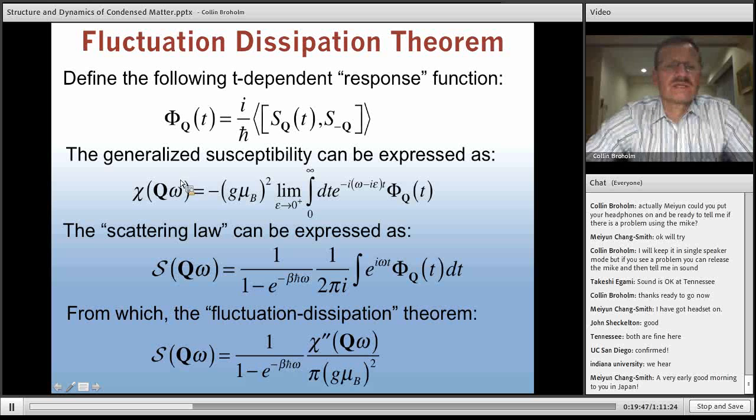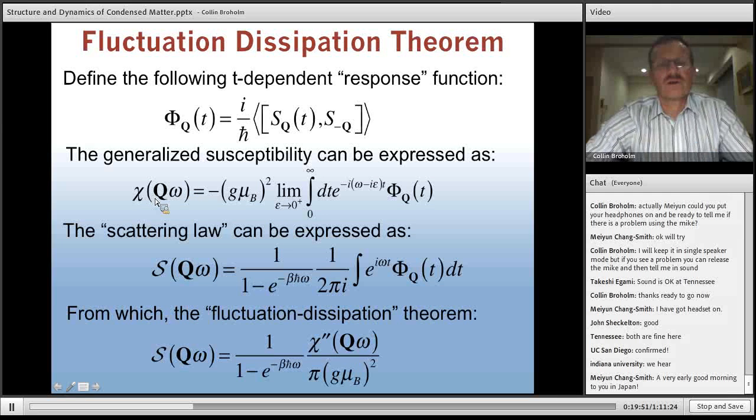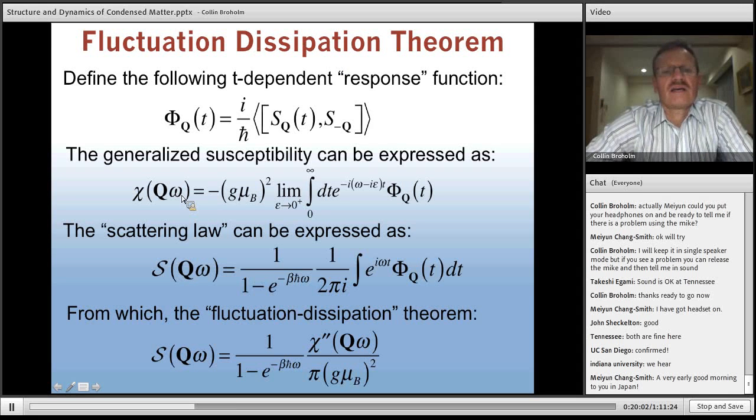So with neutrons, we can now access the full range of momentum transfer going into the full Brillouin zone. And also we can access, through this fluctuation dissipation theorem, which is my subject here, the frequency dependence up to the terahertz and beyond regime.